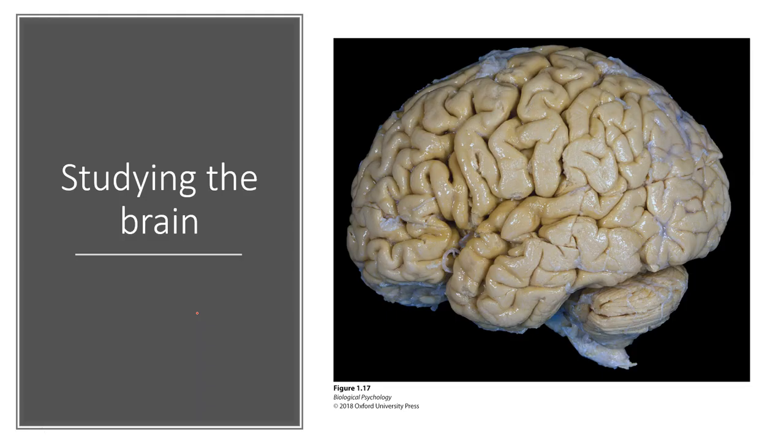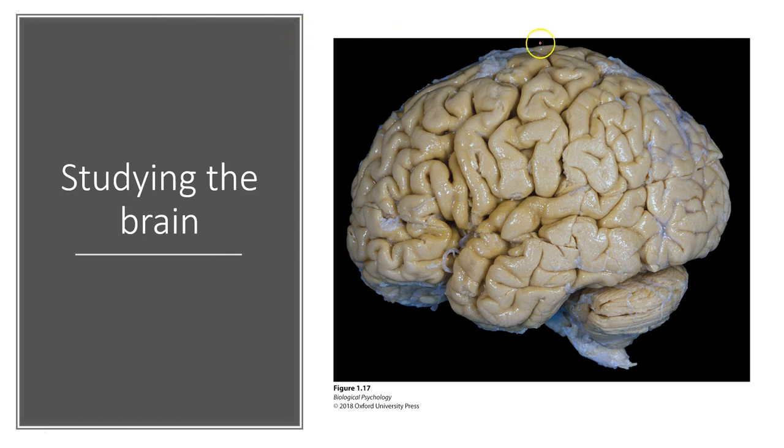All right, we're going to shift gears a little bit and talk about the different ways in which scientists can use different techniques to study the human brain. When you look at this horrible hunk of tissue, it's really not that impressive. It's hard to imagine that this chunk of brown contains all that exists in who we are as people: our consciousness, our thoughts, our feelings, our experiences.